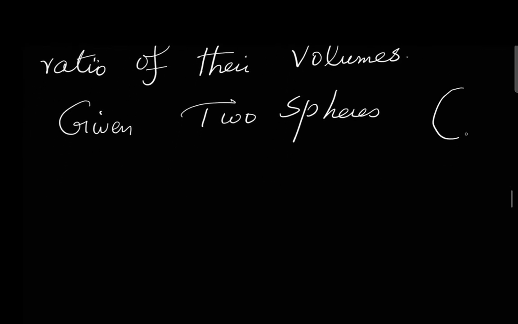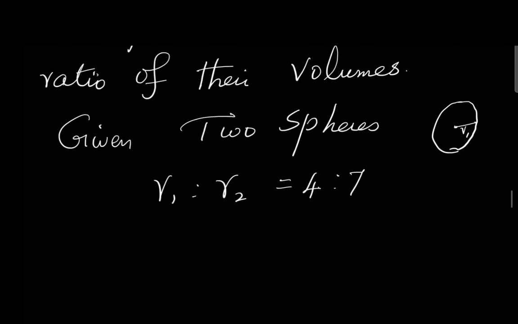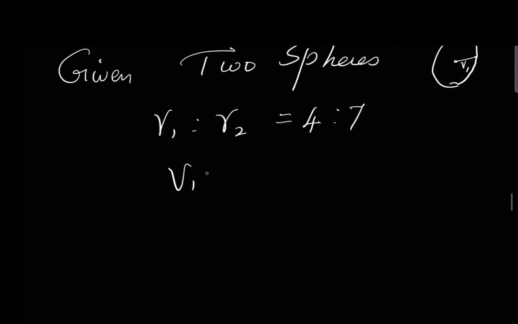Sphere has only one unit, that is radius. It is the same everywhere from the center. So R1 is to R2 is equal to 4 is to 7. Find the ratio of the volumes, V1 is to V2.